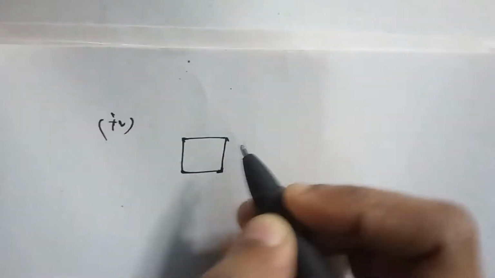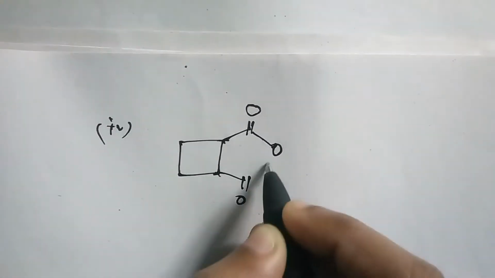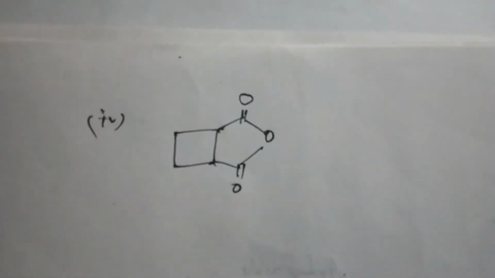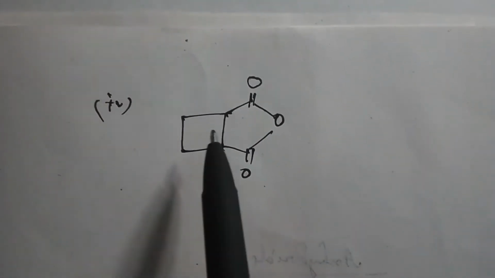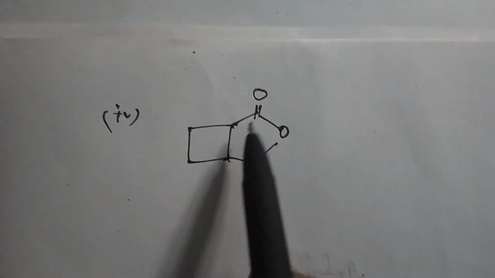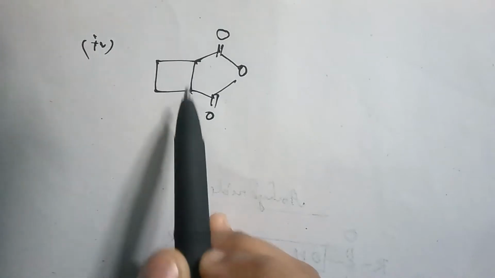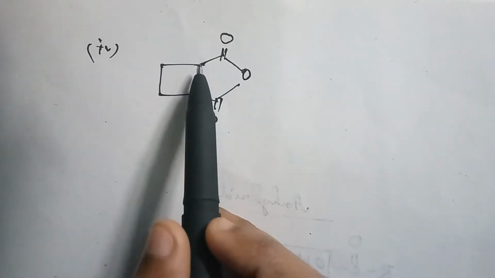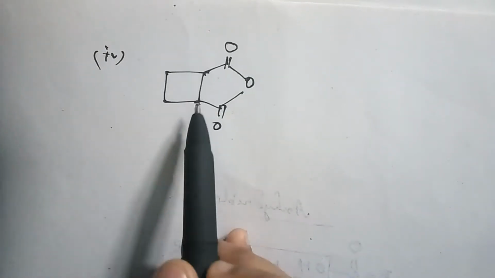Now let's take another example. So here you can see this portion is cyclic group and this is the anhydride portion. In this cyclic portion 4 carbon atoms are present. 1, 2, 3, 4. So we can say this one is cyclobutane.